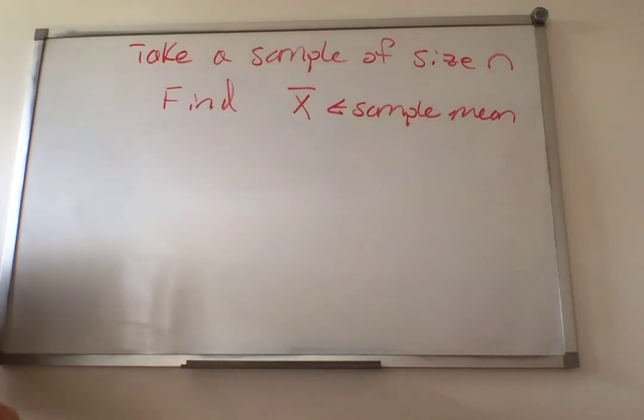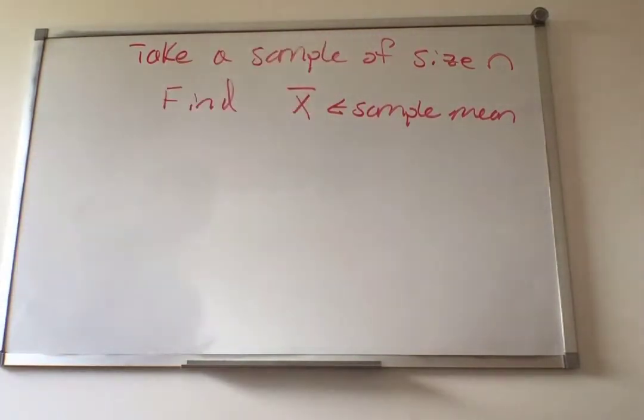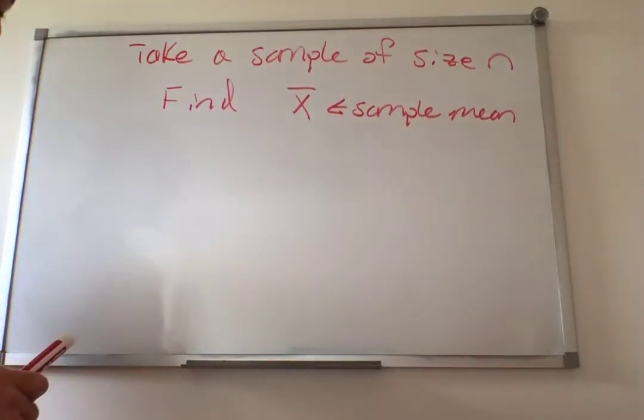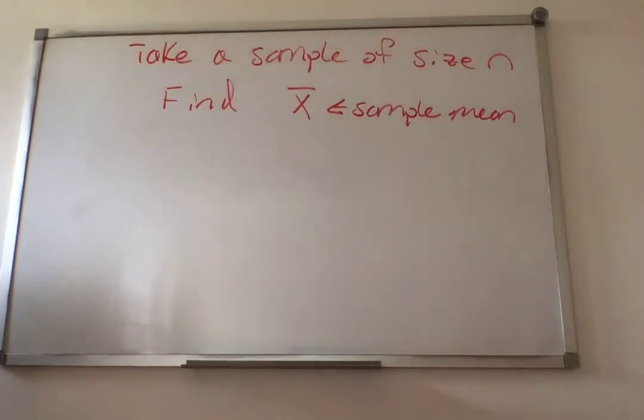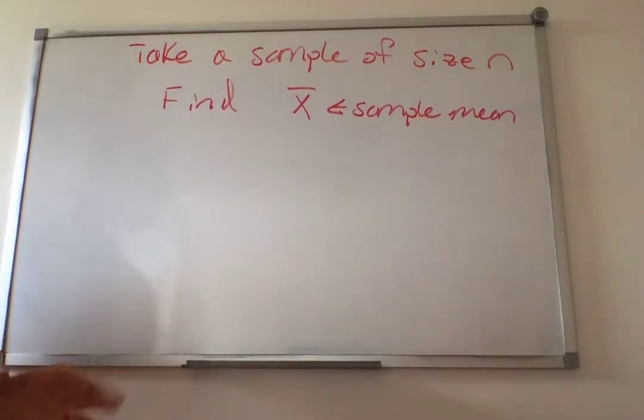And what I'm going to say, because of the central limit theorem, is that if I keep taking samples of size n, the averages, the means of those samples, form a normal distribution. Okay, that's what we talked about in chapter 7. So what I'm going to say is that x bar is approximately the same thing as our population mean mu.